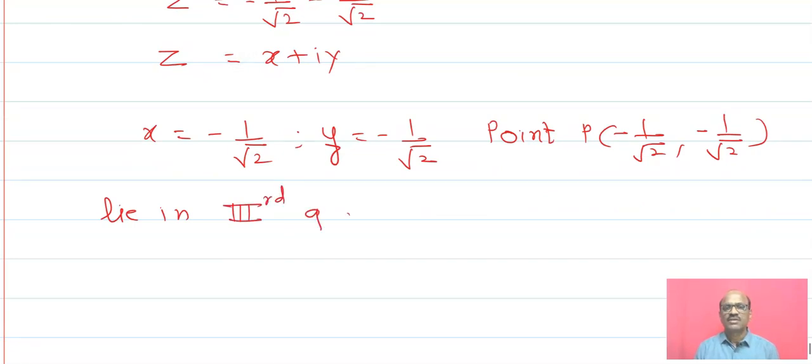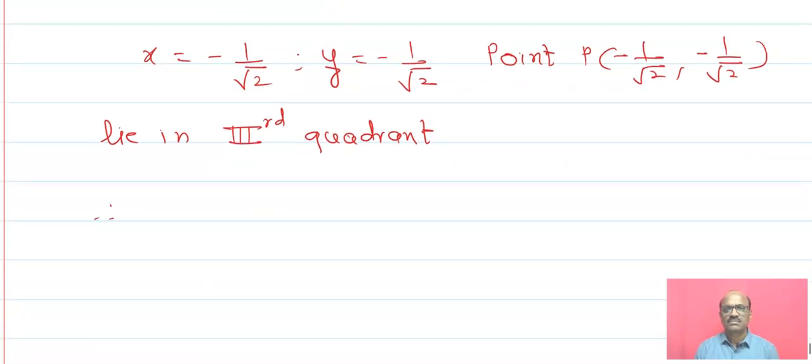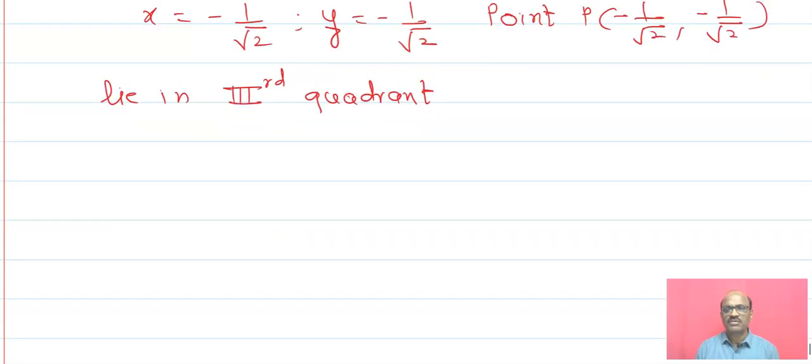In third quadrant, therefore cos theta is equals to x upon r, that is minus 1 upon... now r is equals to, well, we do not have to find the value of r.